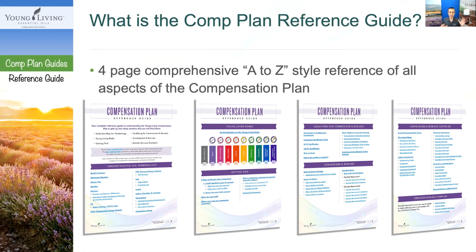This particular guide is quite in-depth, and again, it's full of links. So you can find the part of the compensation plan that you want to understand better, click on that link, and learn about just that component. So it's a reference, so you use it to go back to and say, okay, I want to learn about that, and you click on that and learn about that.